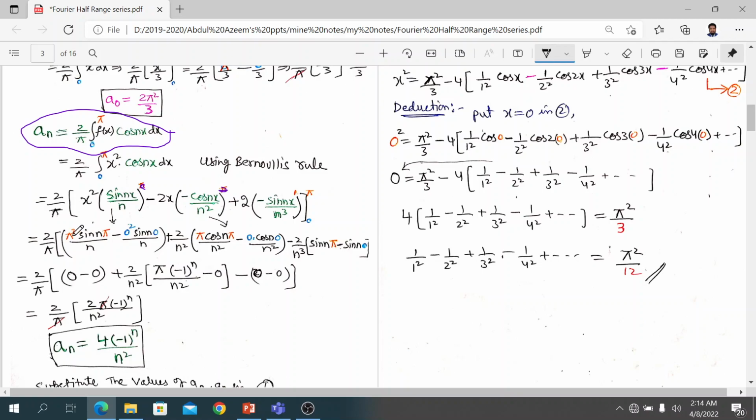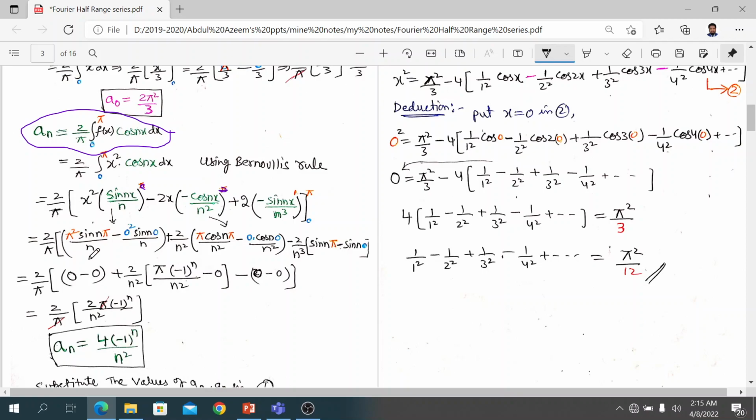Since all sine values will be 0, this is 0, this is 0. 2 by n square pi, what is the cos n pi value? Minus 1 power of n by n square, minus 0 into something is 0, so all that value will be 0. Sine value 0, sine value 0. So 2 by pi outside as it is, pi minus 1 power of n by n square. This pi cancels, 2 2s are 4, minus 1 power of n by n square.